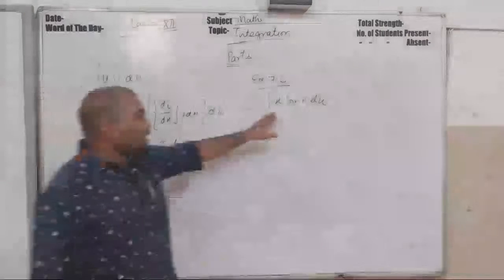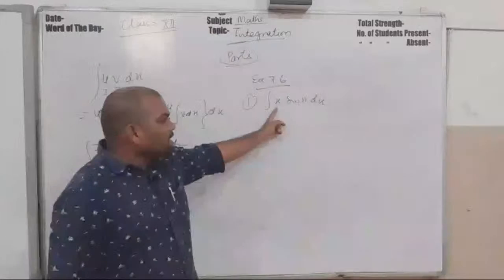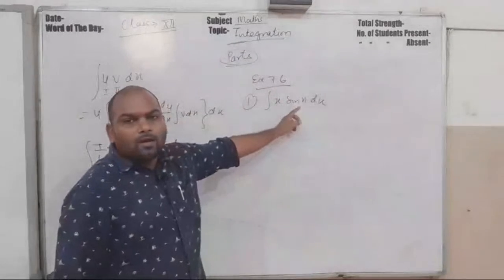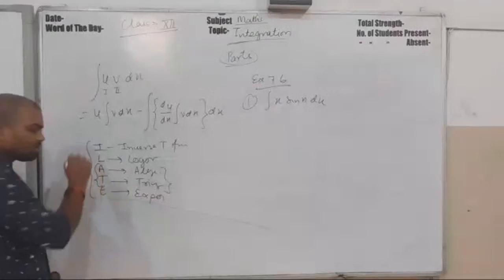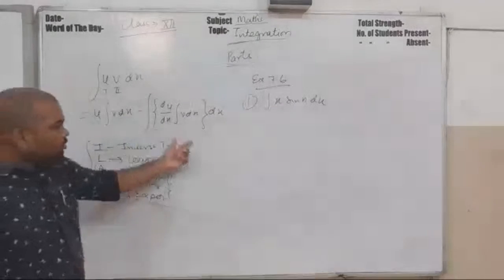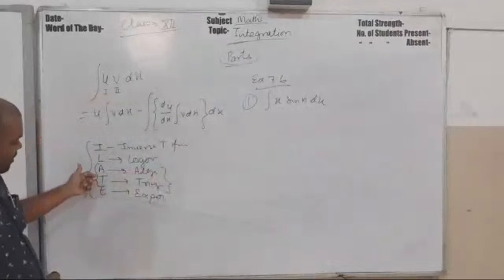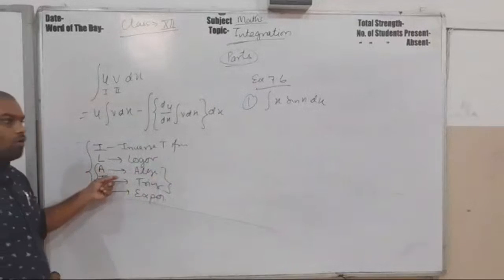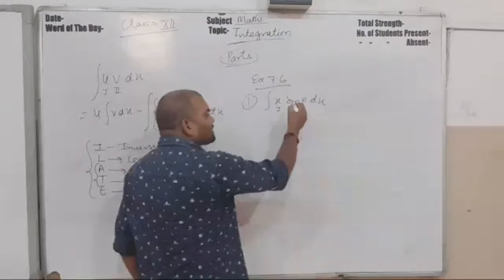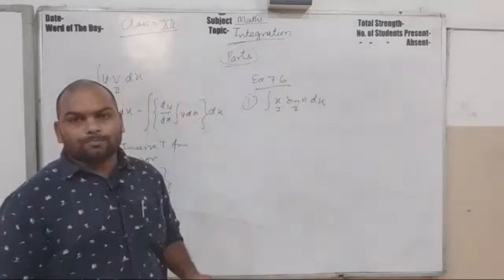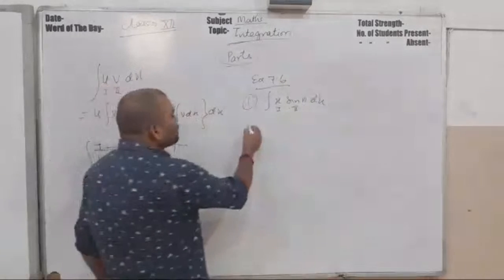So if you see here, two functions are there, algebraic and trigonometric. Out of the two, the algebraic comes first. So we will choose this x as the first function and sin x as the second function. Clear?